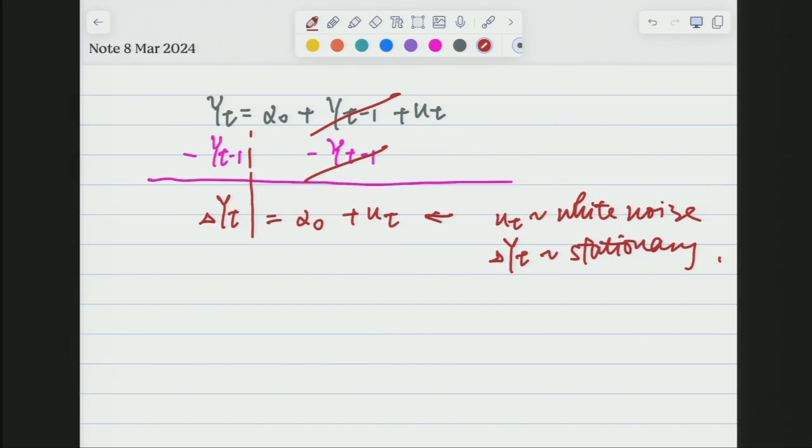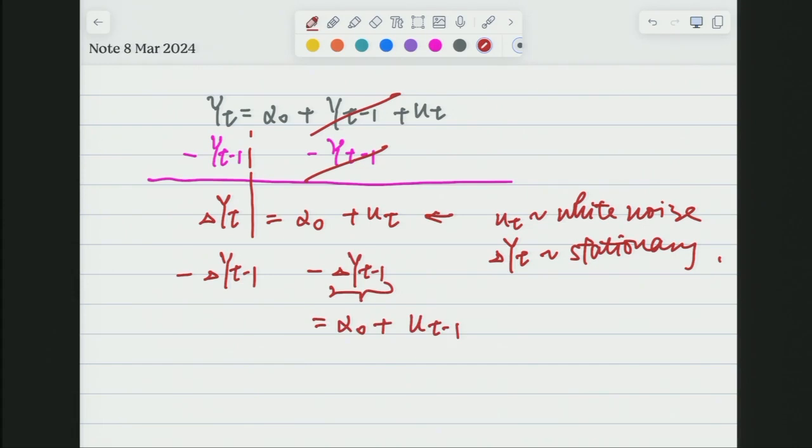So the delta yt is stationary. Now, what happens if we difference it one more time? Imagine we subtract delta yt minus 1, and we subtract it on the right-hand side as well, which essentially will just bring in its equation. So we know that delta yt minus 1, given that delta yt is just a function of the intercept alpha naught and the shock happening at the same time period, is just alpha naught plus ut minus 1.